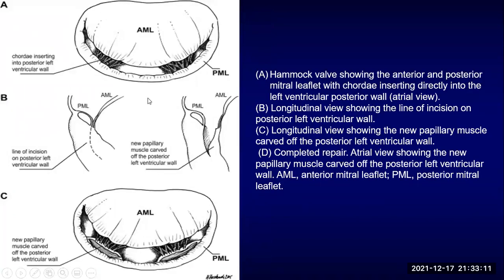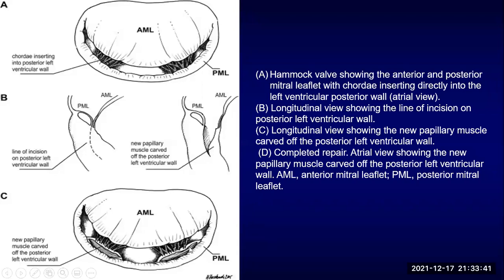For the hammock type, you are showing here the anterior and posterior mitral leaflet, with chordae inserting directly into the LV posterior wall. We do a line incision of the posterior LV wall, and we will have a new papillary muscle carved off the posterior LV wall.